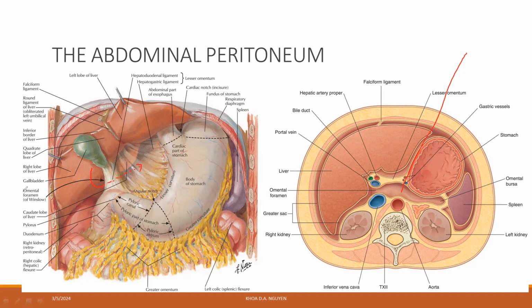Now, this is very important, guys. You need to know which one is the greater sac and which one is the lesser sac, as well as how to access the lesser sac, or the omental bursa. All right, cool.